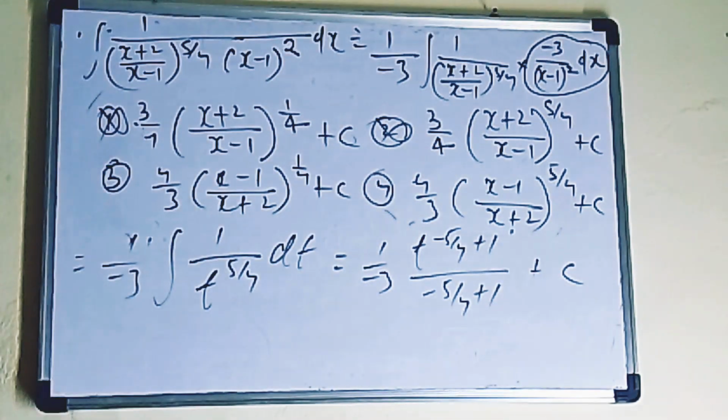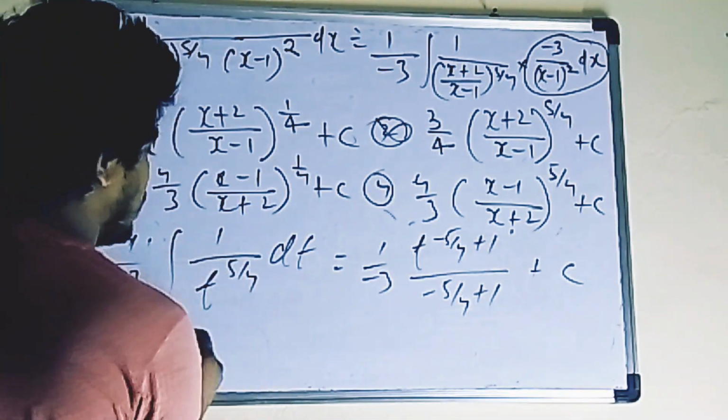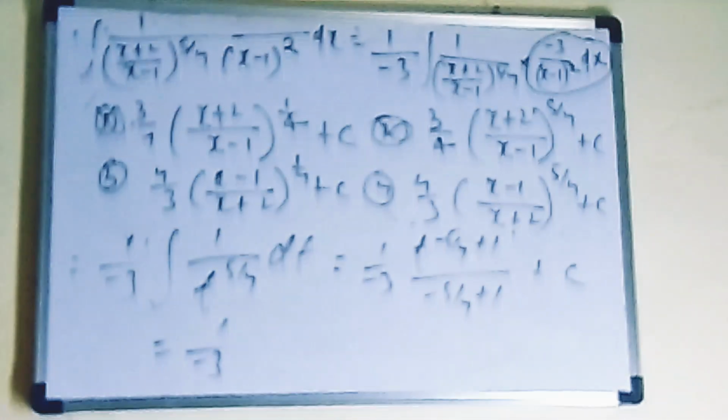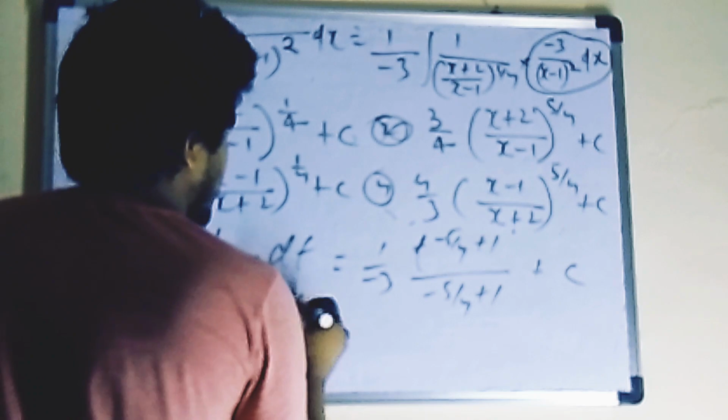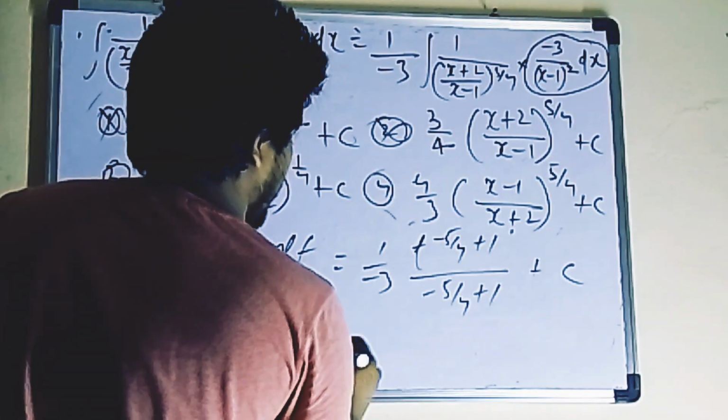Clear? So now I can easily evaluate this. This is minus 1 by minus 3, t power minus 5 by 4 plus 1, the minus 1 by 4 will come. So I am writing directly t power minus 1 by 4, and minus 5 by 4 plus 1, again minus 1 by 4 will come. Okay, clear? And plus c.